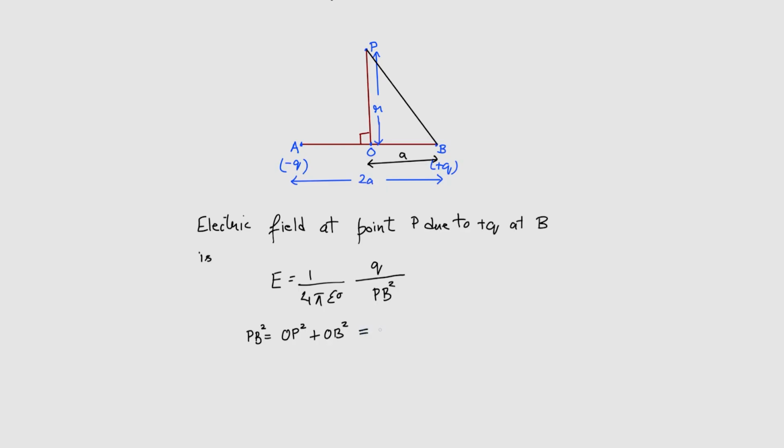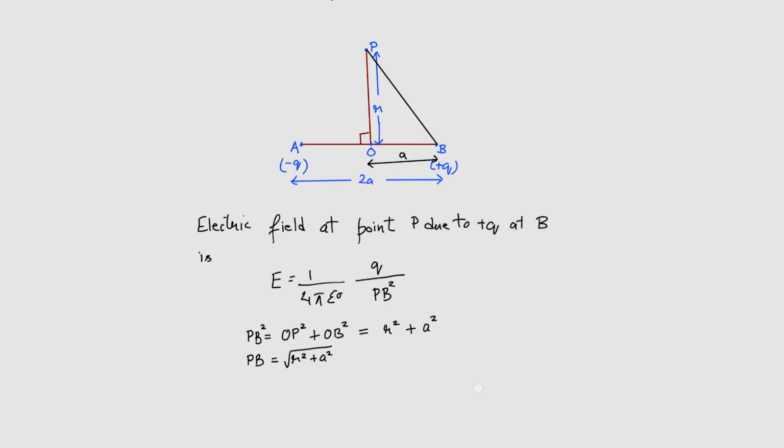OP is r and OB is a. So PB is equal to the square root of r square plus a square.